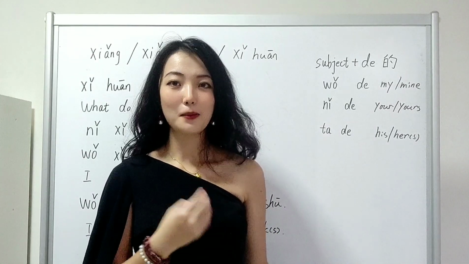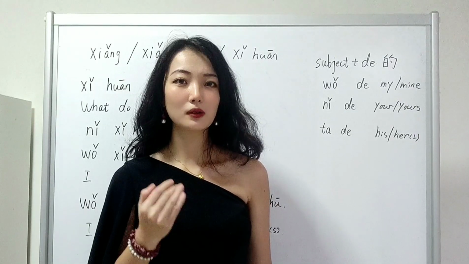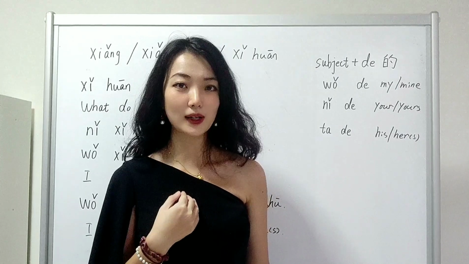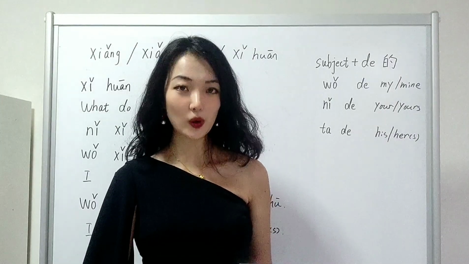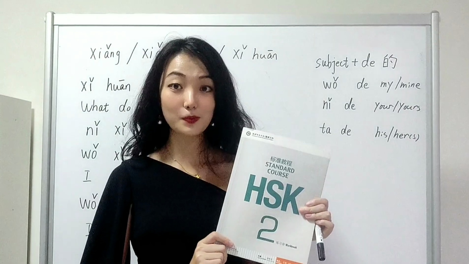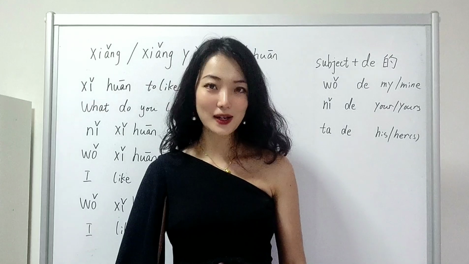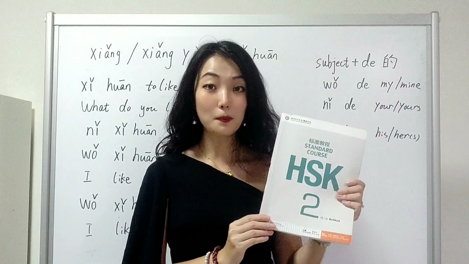这 this, 本 counting unit of book, 书 books, 是 is, 我的 mine. 这本书是我的. This book is mine. Okay, next one. 这本书不是你的.